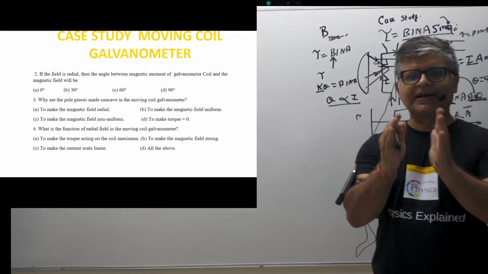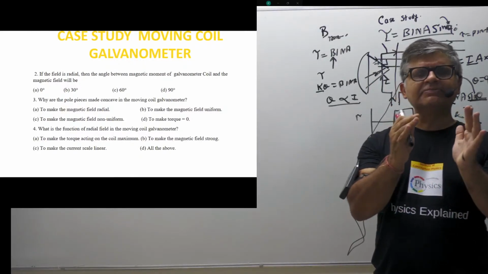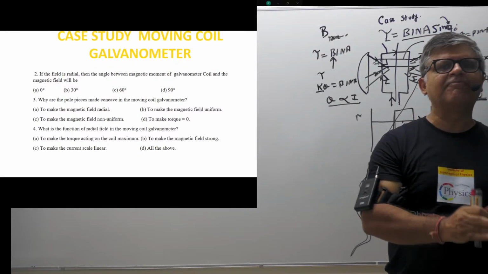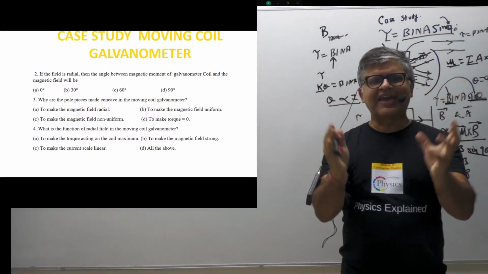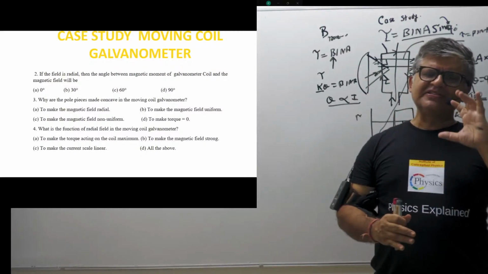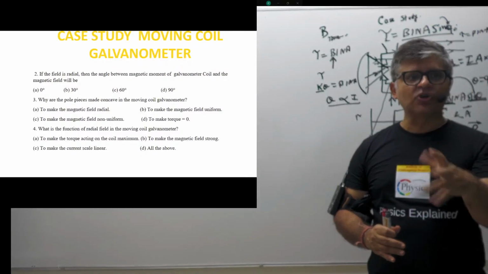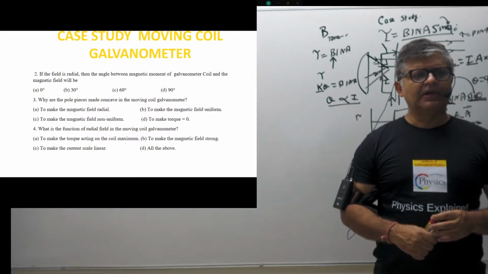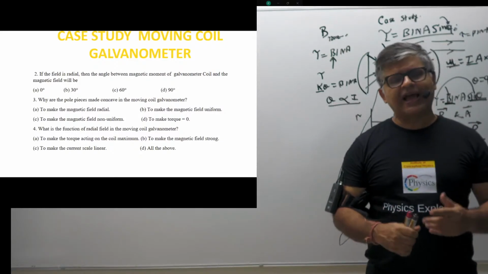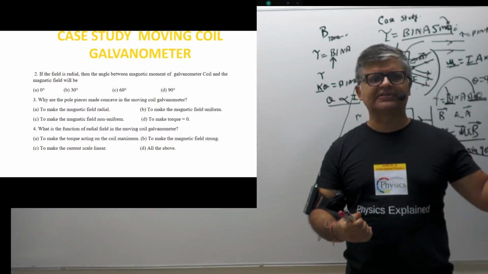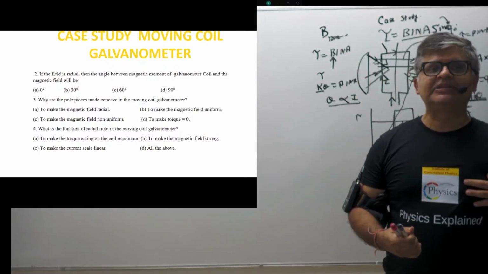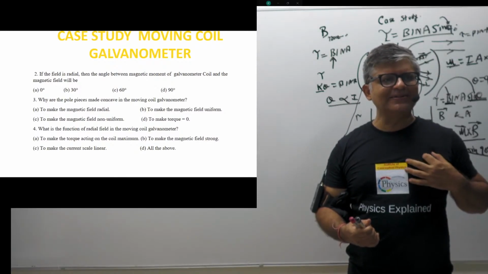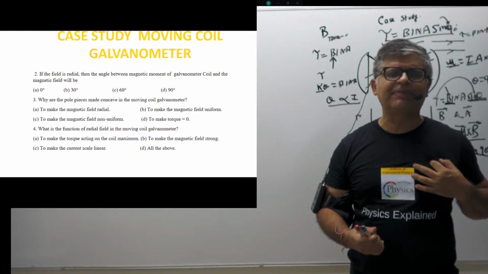But since the B is not B sine theta, we can definitely say to an extent that yes, it does make the magnetic field strong, because it is making the torque the maximum possible. To make the current scale linear, yes, it does help you, right?